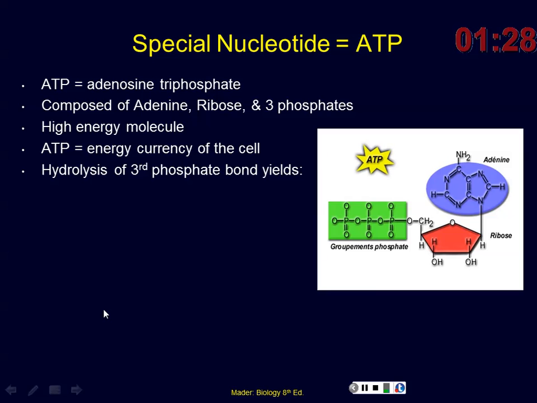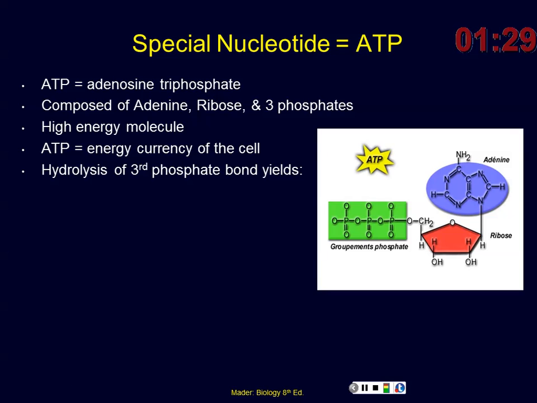Okay, let's look at that for just a minute. If I take that phosphate off right there, if that phosphate is not there anymore, what do you have left? You have adenine, ribose, and 2 phosphates, right? What's a prefix that means 2? Di. So if we take that phosphate right there off, we would have a loose phosphate over by itself.